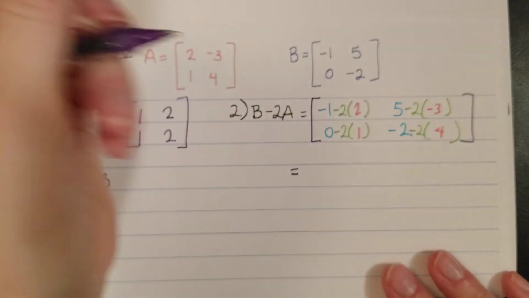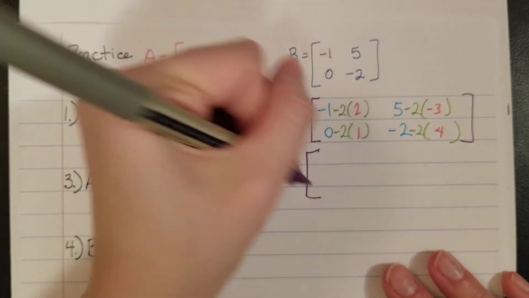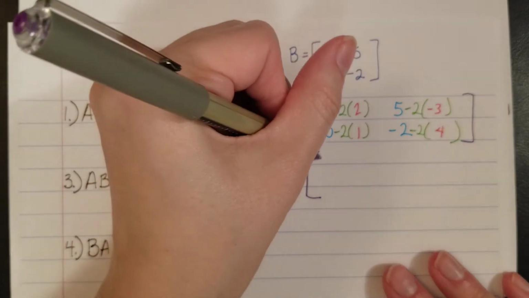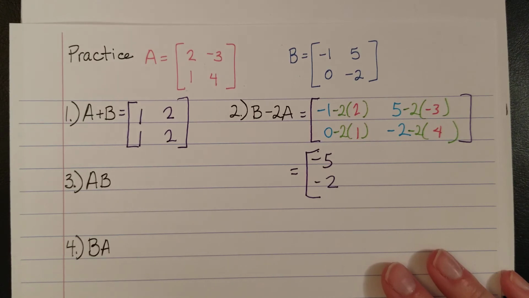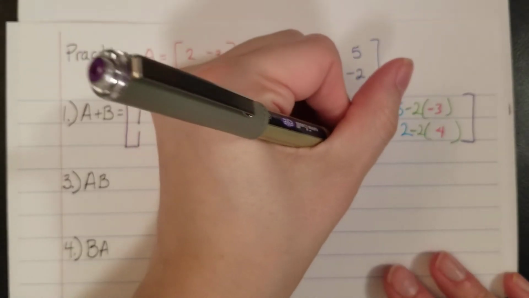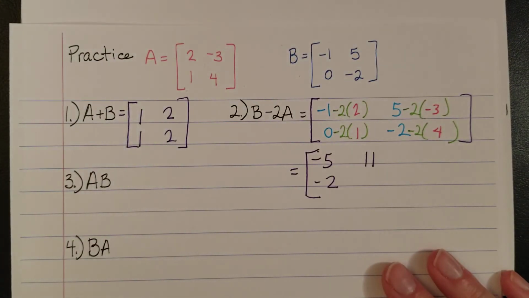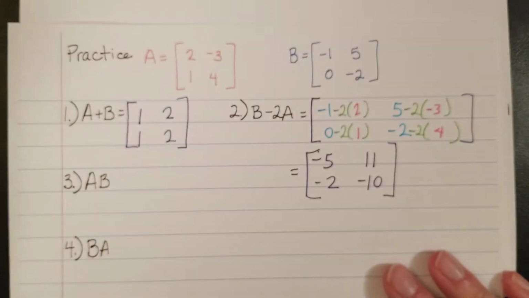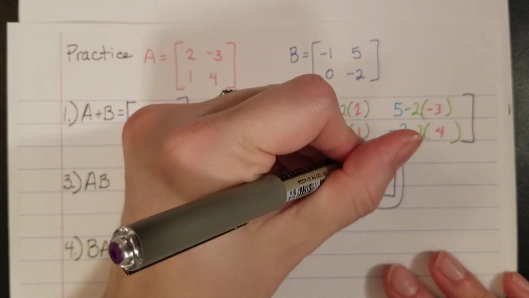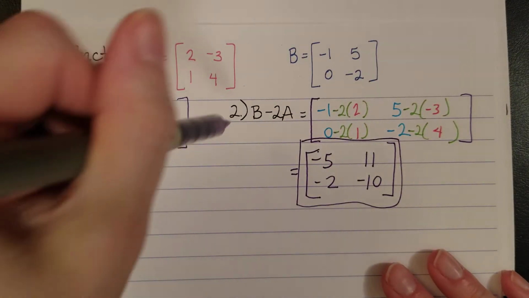All right, so that is going to be negative 5, negative 2, and then 5 plus 6, that's going to be 11, and negative 2 minus 8 would be negative 10. All right, so that should be it for that one.